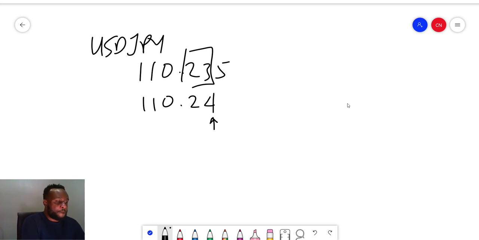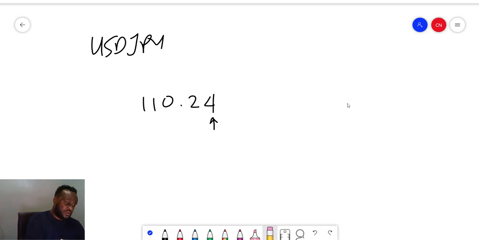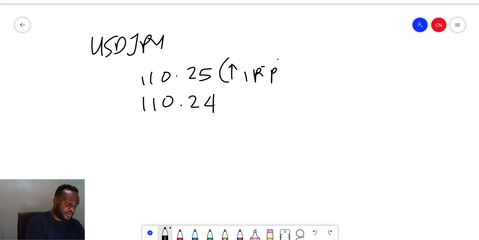So 1 pip up on this will be 110.25. That's 1 pip up. 1 pip down will be 110.23, because it's minus 1. 1 pip.